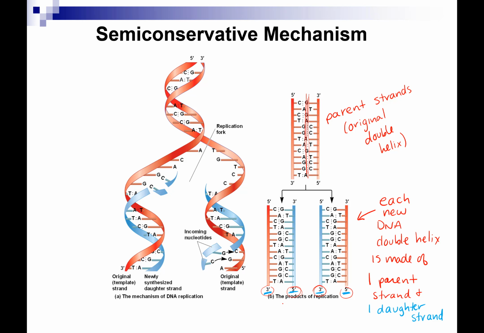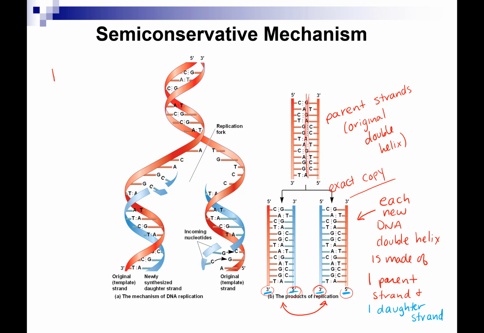So now these new double helixes are identical, right? CG, CG, AT, AT, CG, CG, TA, TA. So we have made an exact copy, and that's how we make the exact copy, I should say, by using the parent strand as a template.